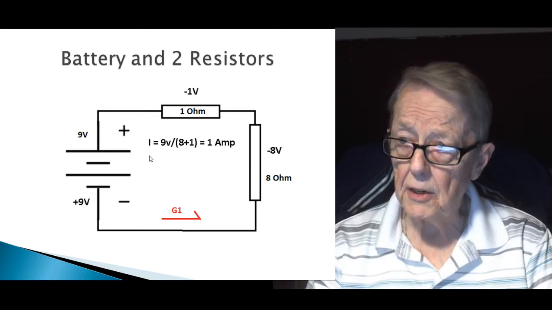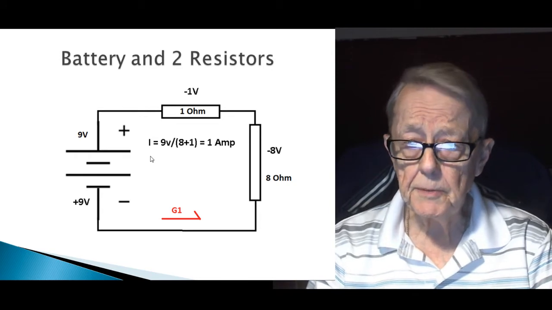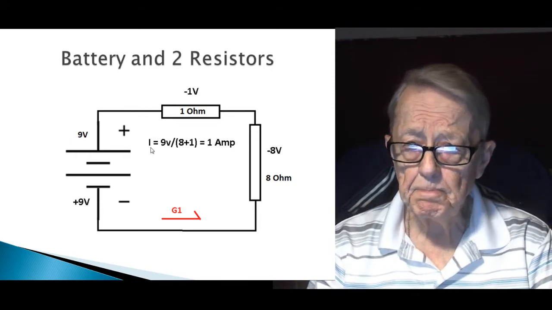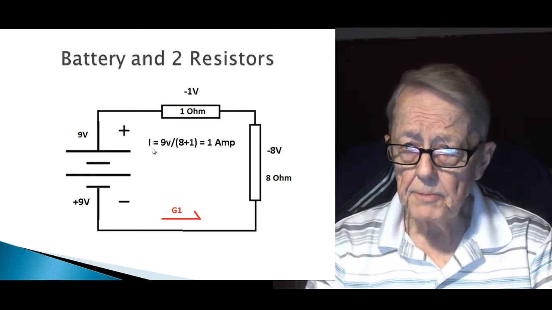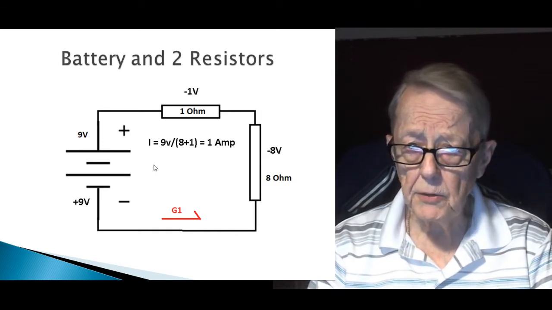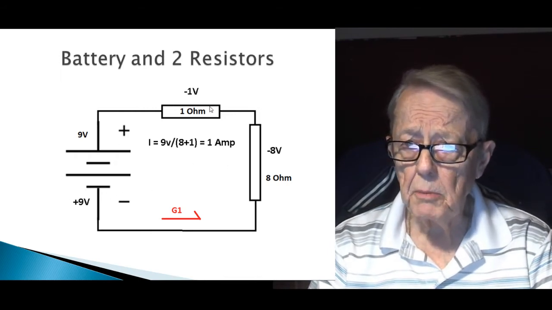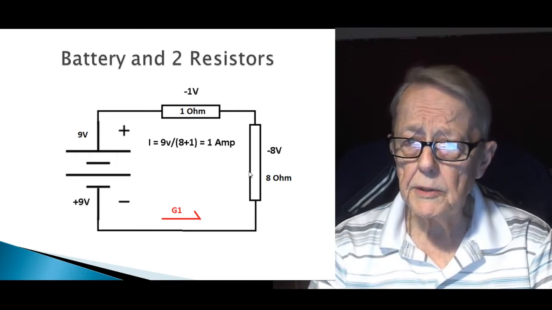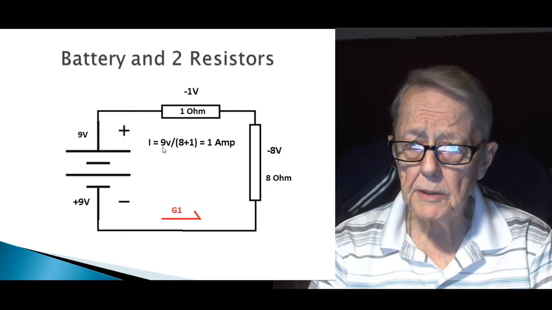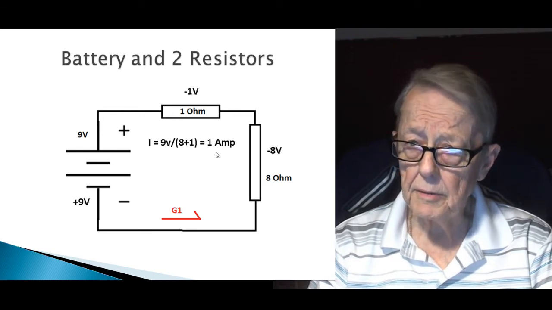Using Kirchhoff's law is one of the standard equations used in analyzing circuits. The current through this circuit is equal to the voltage source divided by the sum of the two resistors, which means it's 9 volts divided by 8 plus 1, which is 9 ohms, so we've got 1 amp of current.